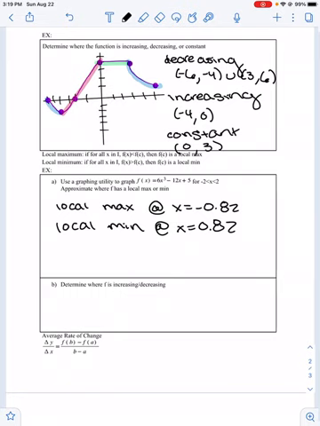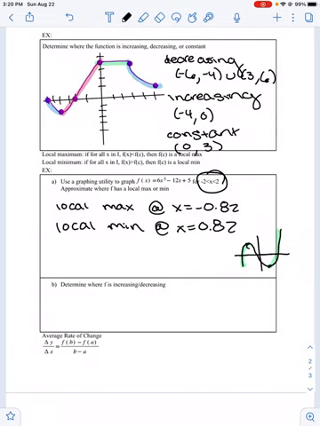Determine where f is increasing and where it is decreasing. So they wanted to cut off our graph, as we can see, from negative 2 to 2. And we can do a little sketch of our graph then, which would look something like this. Where it's increasing would be here and here, and we already know those points because that's our local max and our local min.